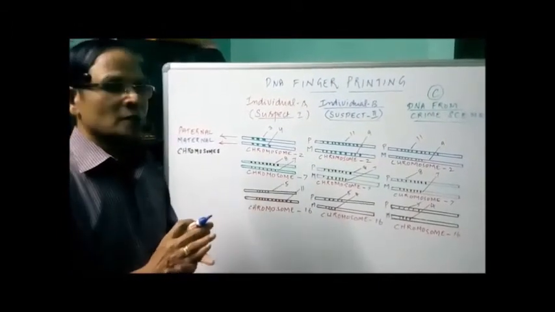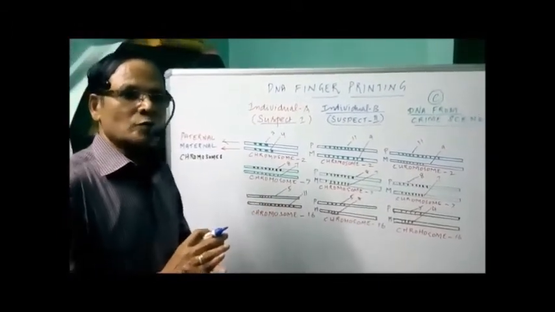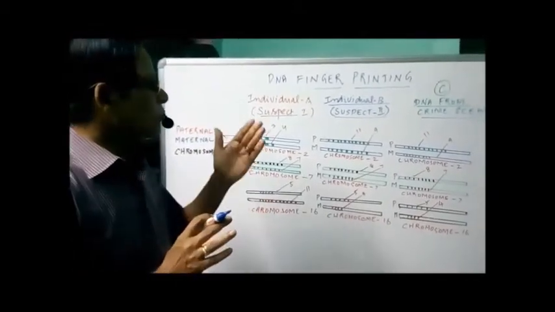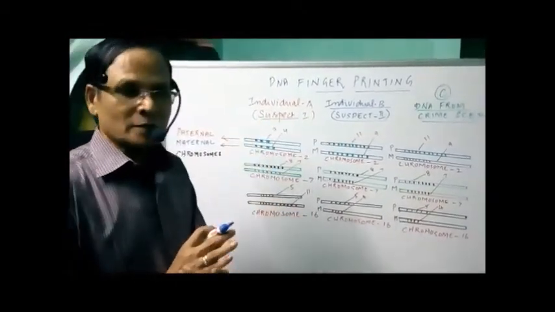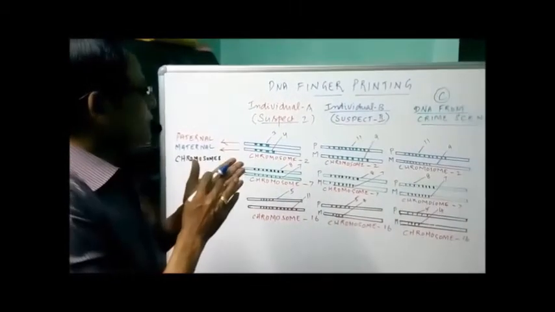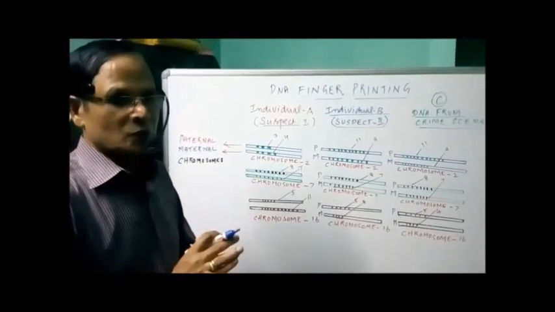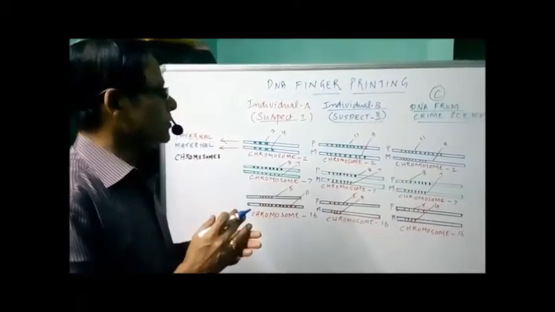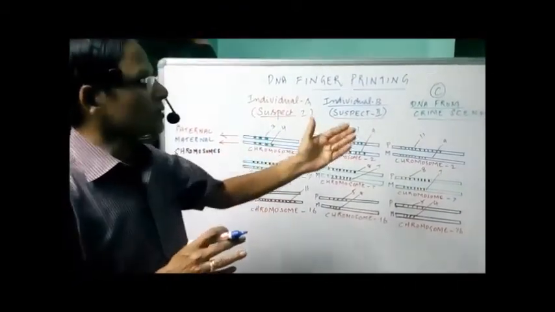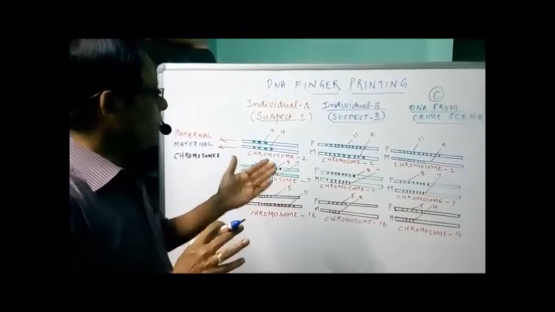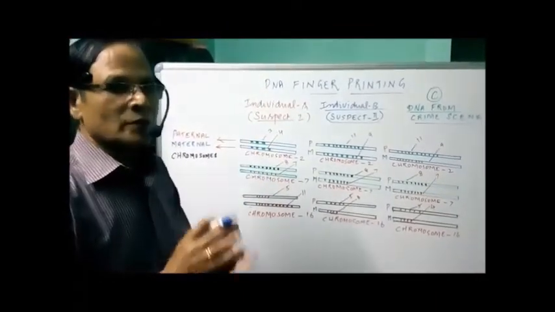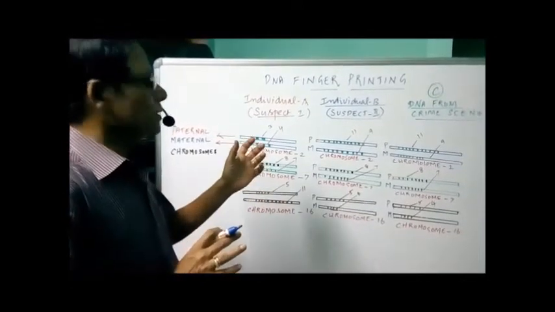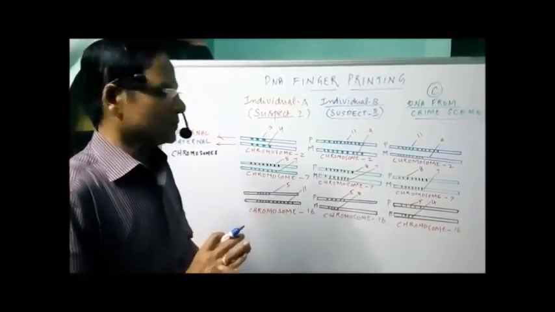That is compared with the DNA of the suspected criminal through the VNTR pattern. Through the VNTR pattern we compare the DNA collected from the crime scene with that of the criminal suspect, to see whether he is guilty or innocent. This is a major area in forensic analysis.